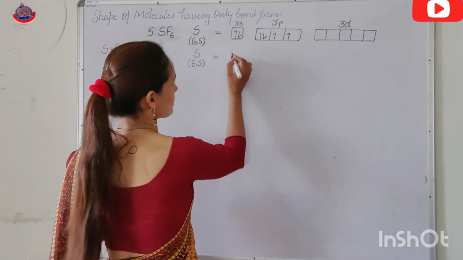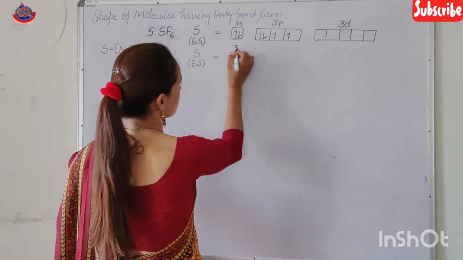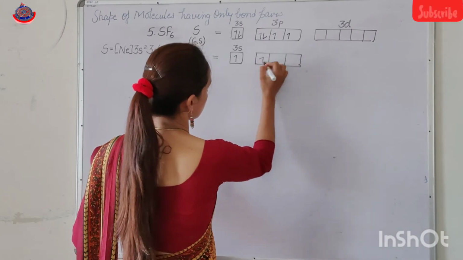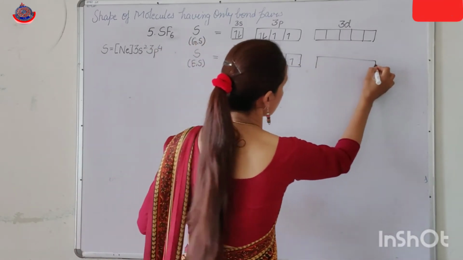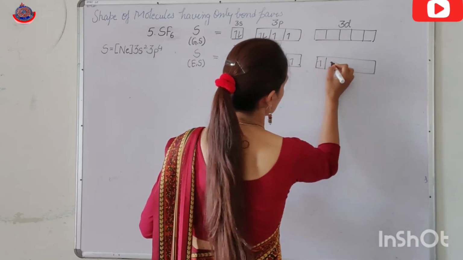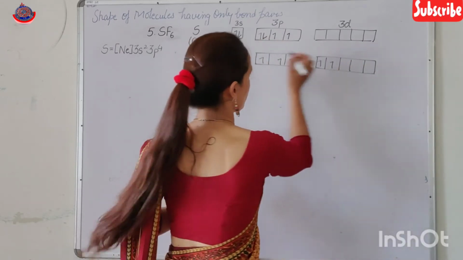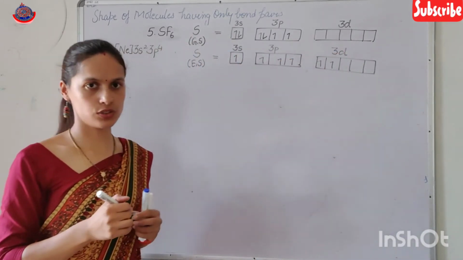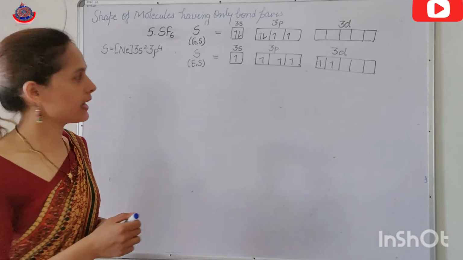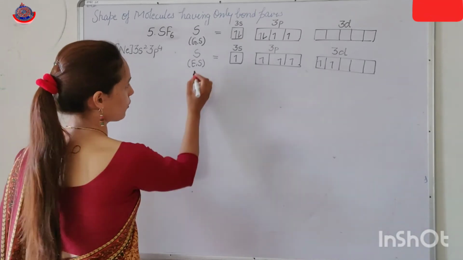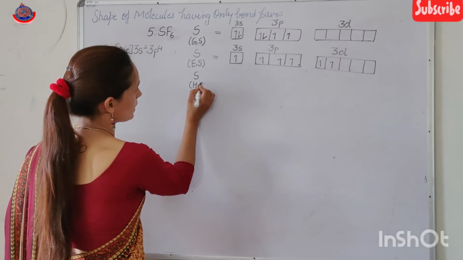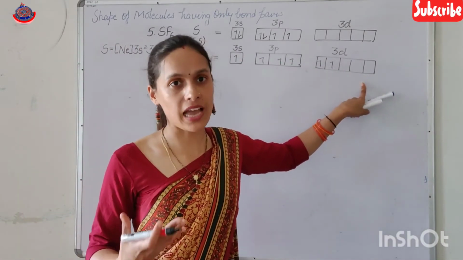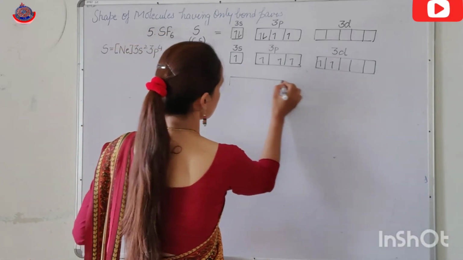So, in the excited state, it becomes 3s1, 3p3 and 3d2. Now, in the hybrid state, these 6 atomic orbitals will combine to form 6 hybrid orbitals.